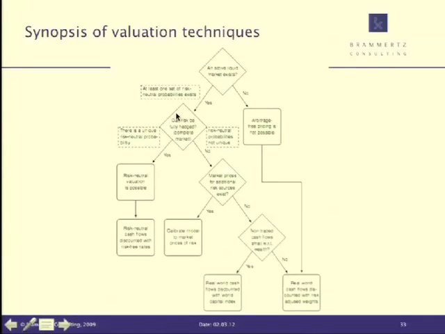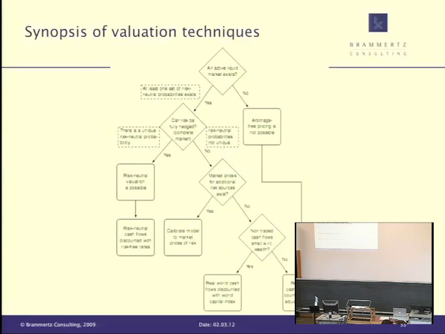the question is: is there an active liquid market? If it exists, then we go down here. Then the next question is, can risk be fully hedged? Fully hedged means each risk factor in the system. So don't we have basis risk?